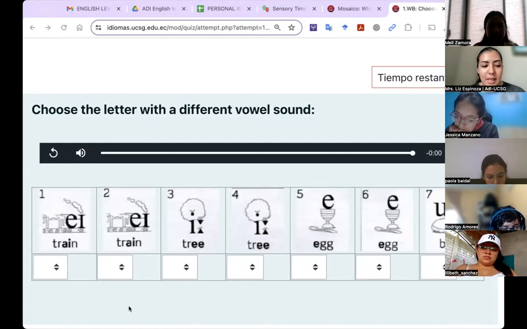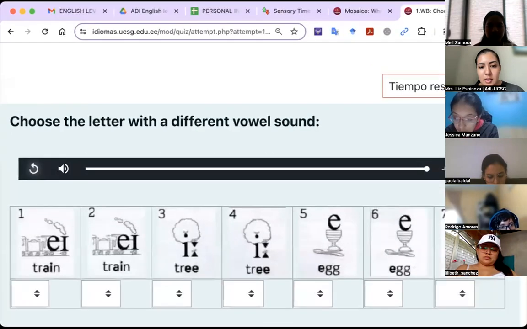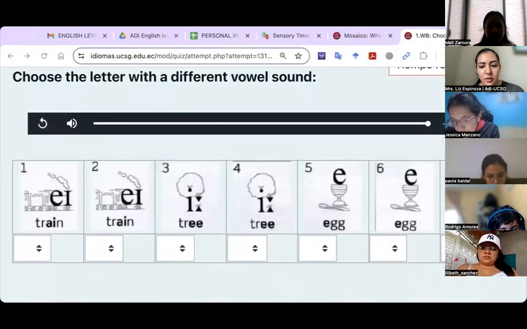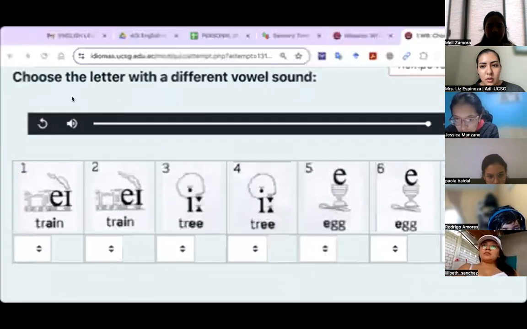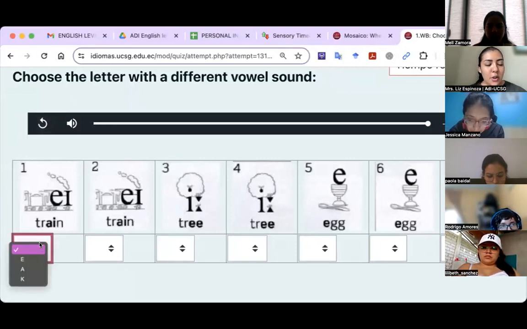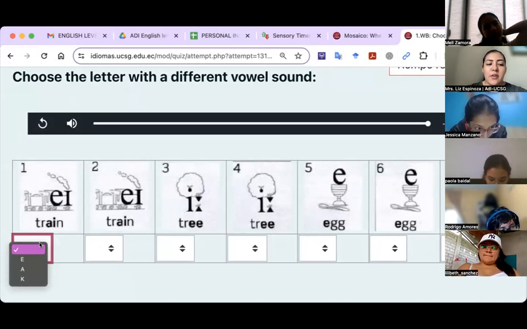For example, in the case of train, you have the options. It says train, E or A, K. Which one sounds different from train?